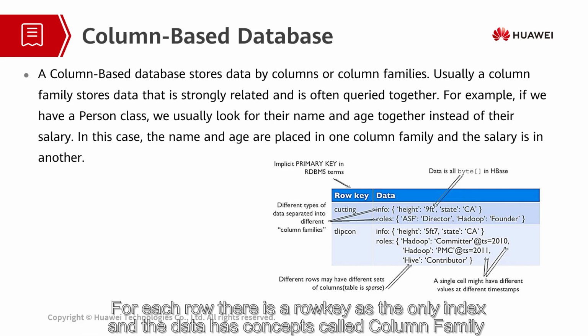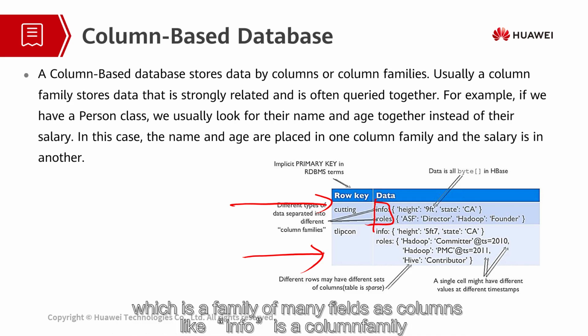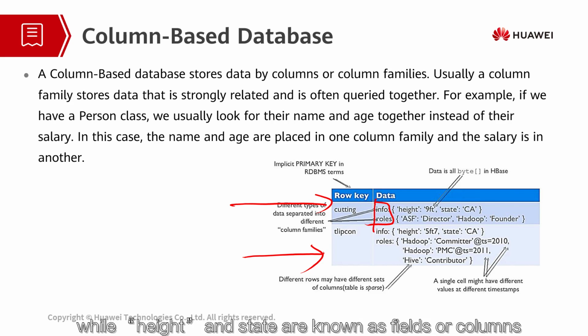For each row, there is a row key as the only index, and the data has concepts called column family, which is a family of many fields as columns, like info is a column family, while height and state are known as fields or columns.